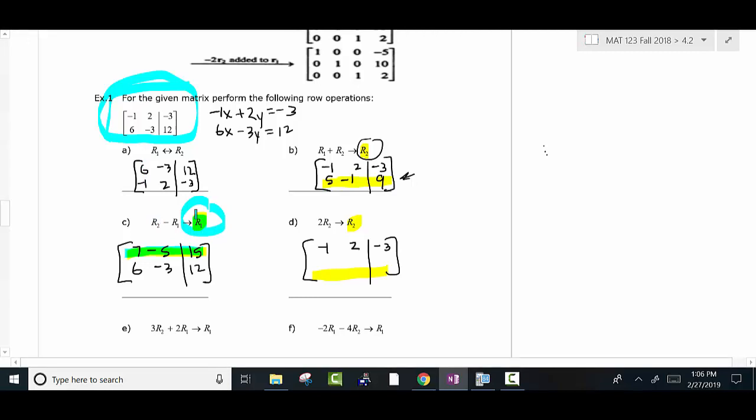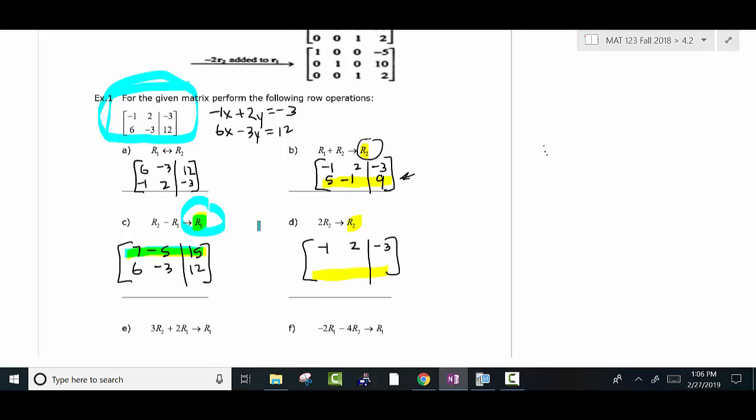Wait, so then how come the first row in D wouldn't be 12, 9? Why would you just multiply row 2 times 2? Here's what the deal is. This is what I'm trying to show you. Whatever I do is going to go in row 2. If it doesn't say row 1, that means that's not going to change.